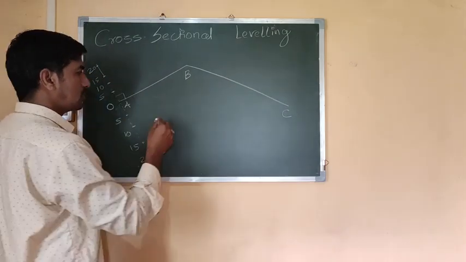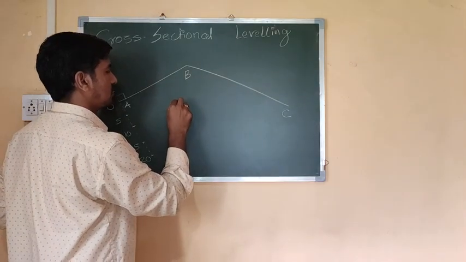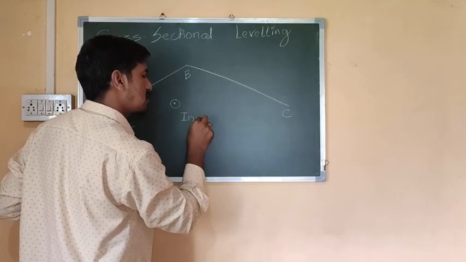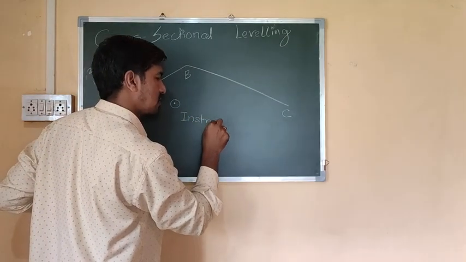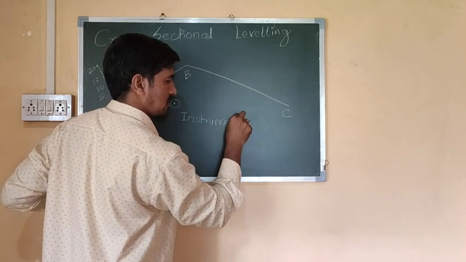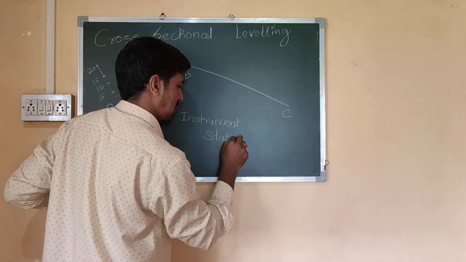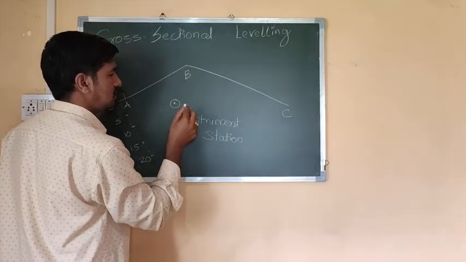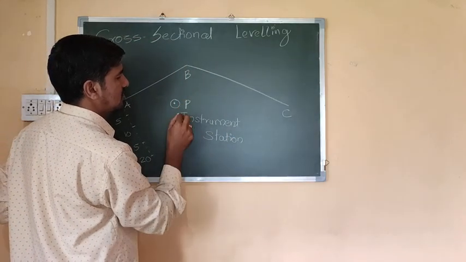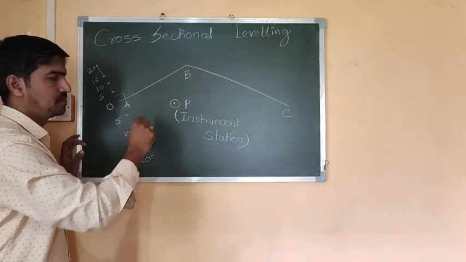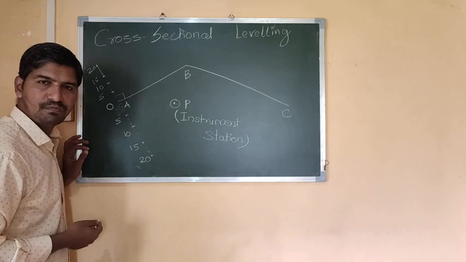Now I will set up the instrument station. Say this is P, my instrument station. I will keep the instrument on station P and do the temporary adjustments.